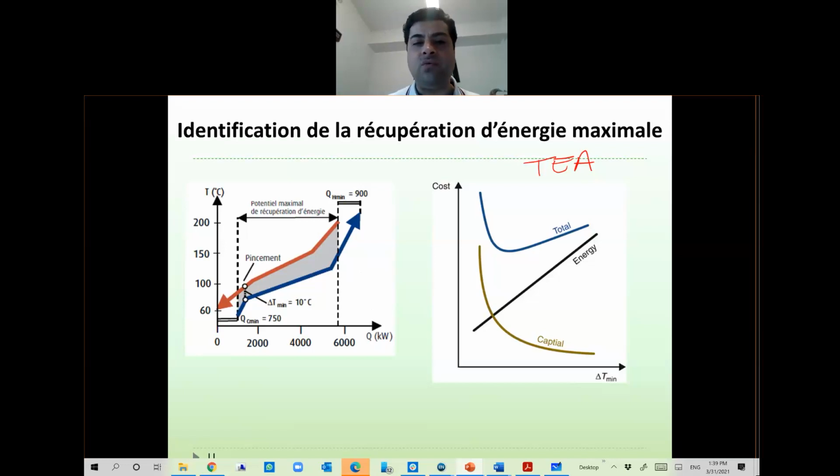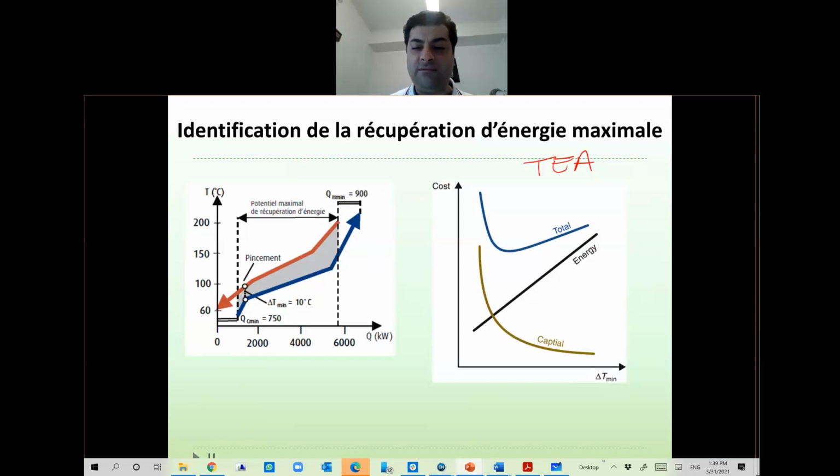As shown by this graph on the right, if you increase the delta T mean at the pinch point, you will have less capital cost because the overlapping zone is smaller, so less heat exchanger area is required. But energy consumption from the utility part will be higher.